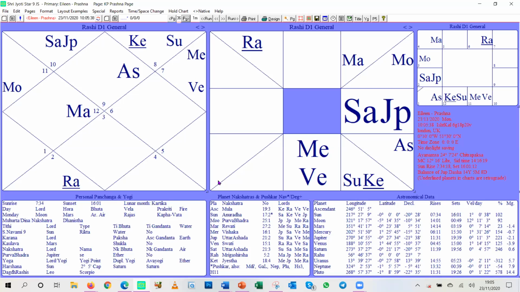Can somebody tell me that, please? Gemini. Excellent. That's the 4th. Can you tell me which Drishti it is? 4th Drishti? Graha Drishti. Yes, excellent. Beautiful. Go on. Who's that? Maria. Okay, excellent. Go on. And what else does it aspect? What's the 8th Drishti?